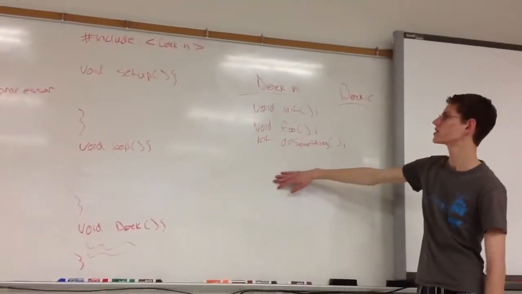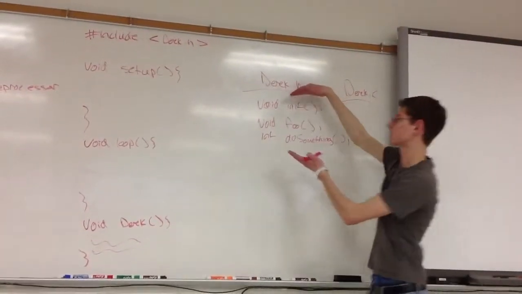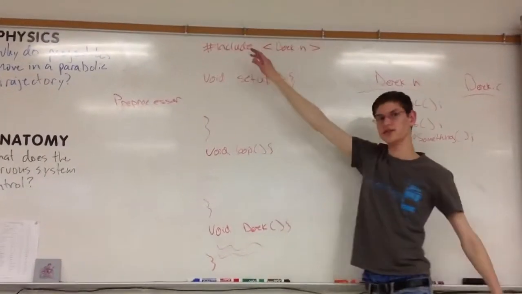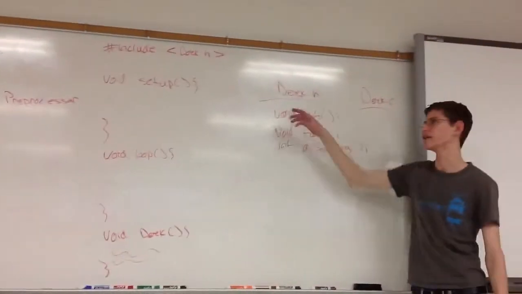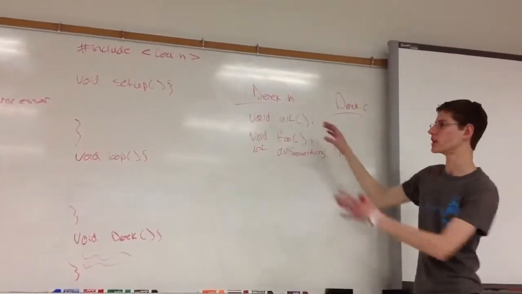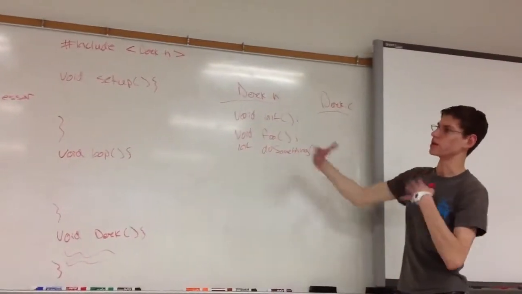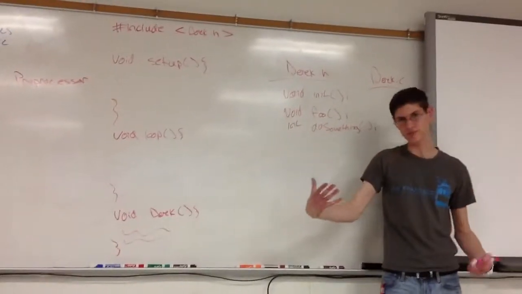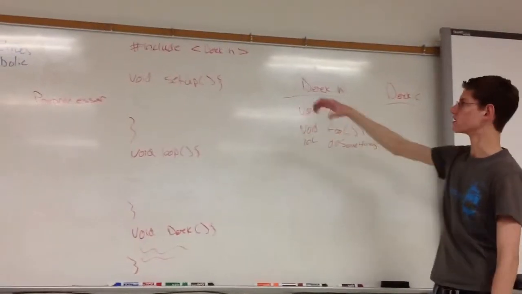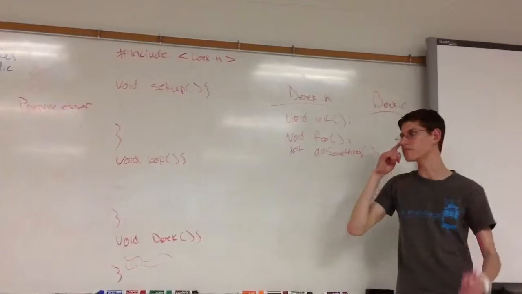It finds Derek.h, takes all the code inside of Derek.h and sticks it right here, right where the include statement used to be. The word they use for that is interpolation. It's interpolating the code inside of the file. And that's what I mean when I say it restructures the file, in that it changes the file prior to it being compiled.